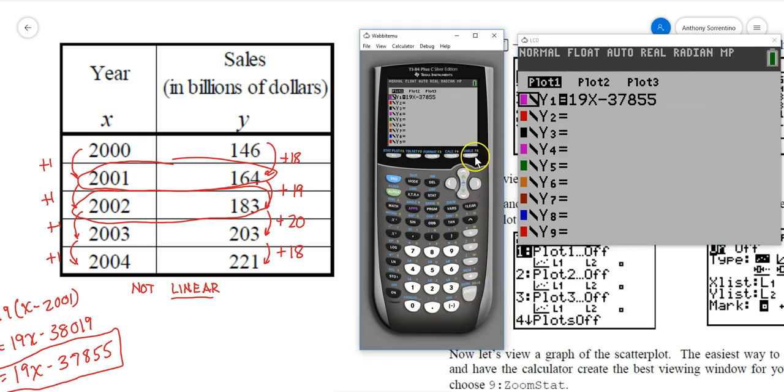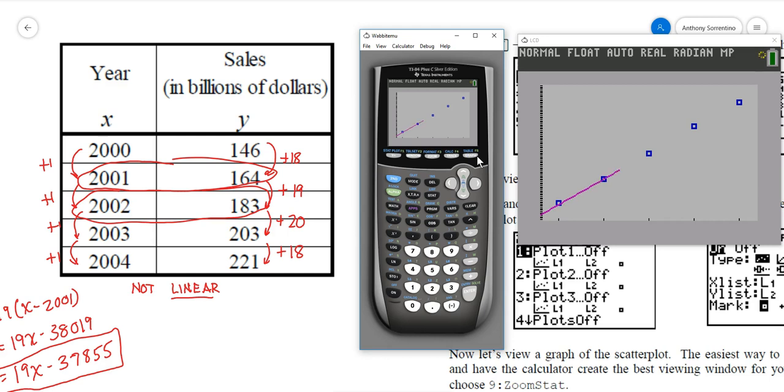And if I graph it, it fits this pretty well. So I'm not off too much with mine.